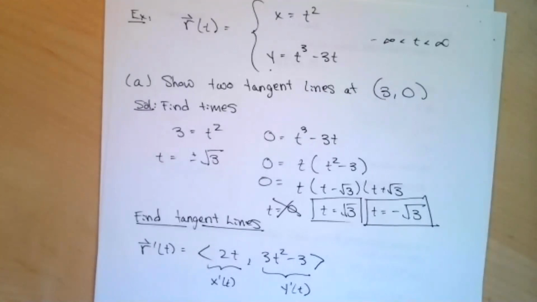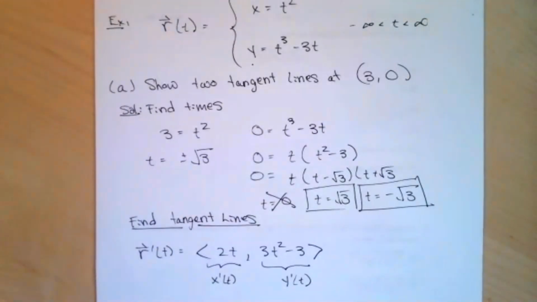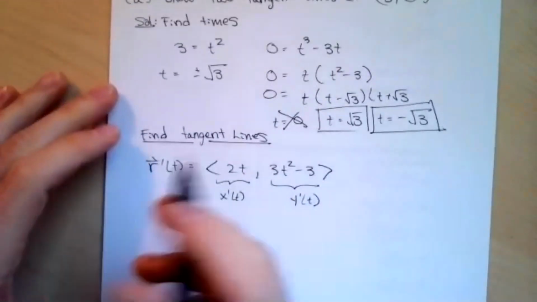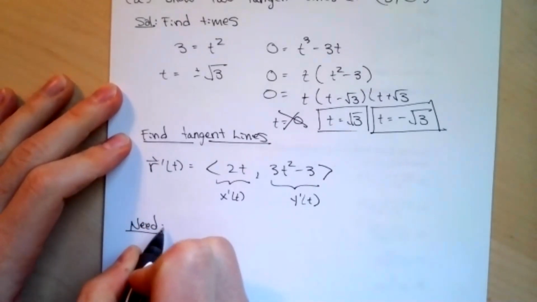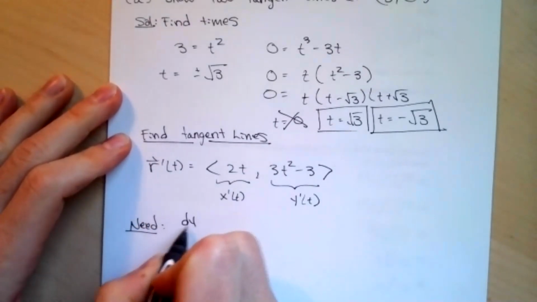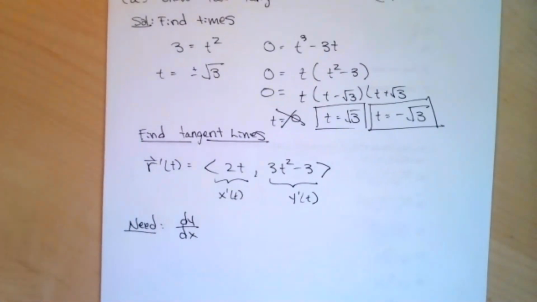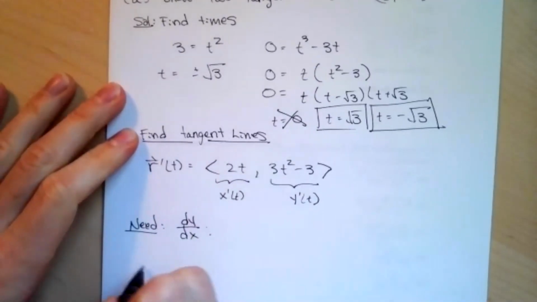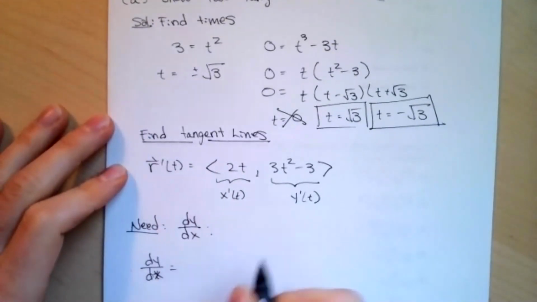And so what do we do? How do we find the tangent lines? The tangent lines, we still want the rates of change, right? We still need dy/dx, the slope. And how do we get that? We're going to get that from the chain rule.